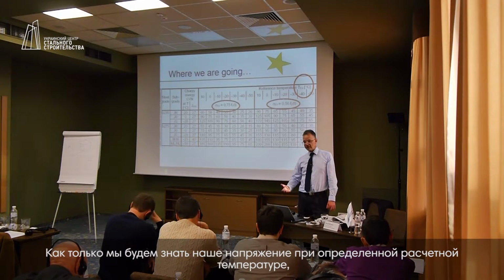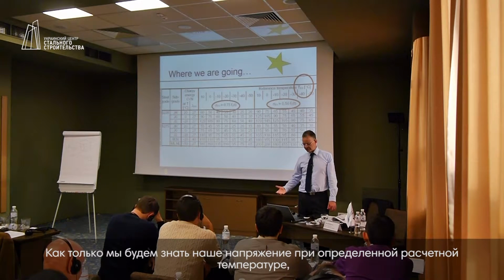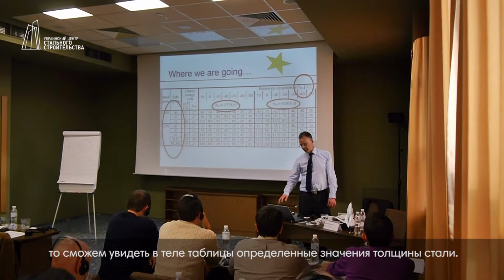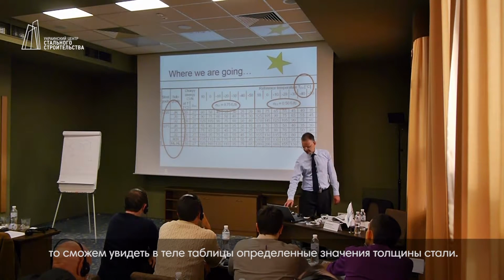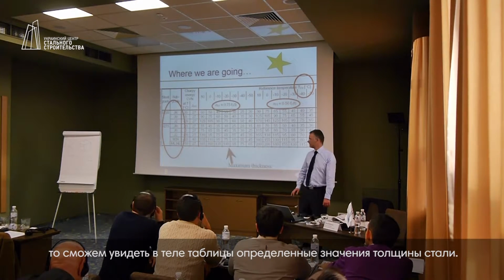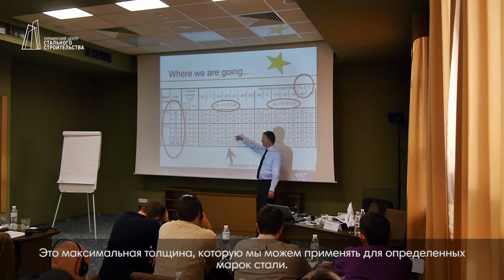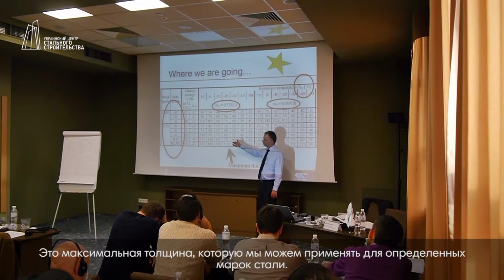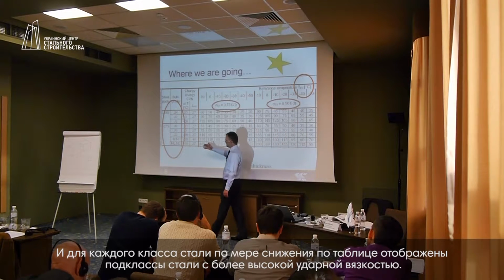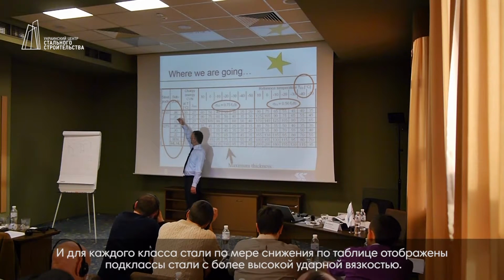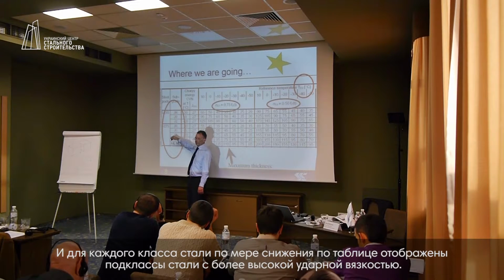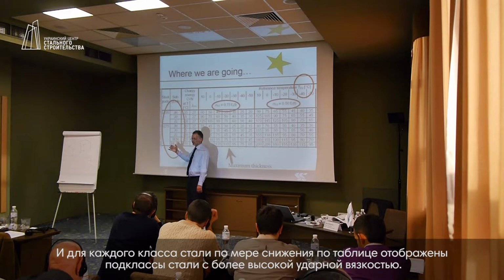Once we know our stress, once we know the reference temperature, then the body of the table is simply limiting thicknesses. So these would be the maximum thickness we are allowed in a particular grade of steel. So within any particular grade of steel, as you go down the table, that reflects an increasingly tough steel.